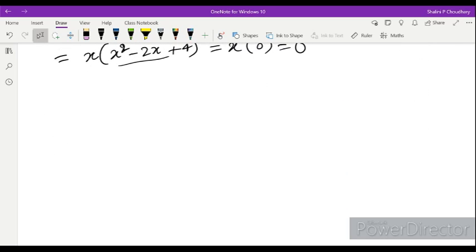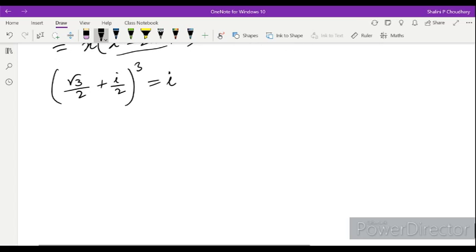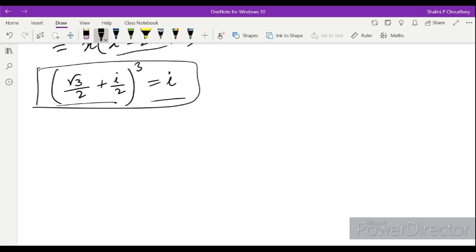Now the next question, we'll do a different kind of question. We have to prove that square root of 3 upon 2 plus i upon 2, the cube of this one, will be equal to i. First of all, we have to prove that this one is equal to this one. So first we will take the LHS and start from here.